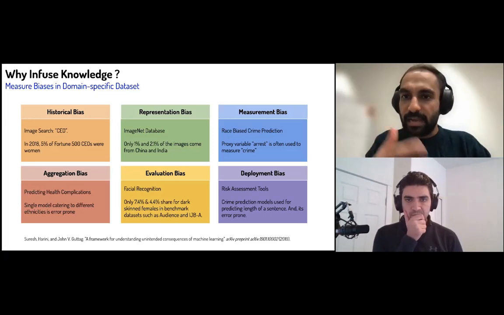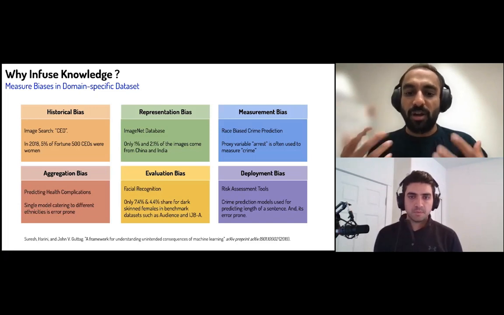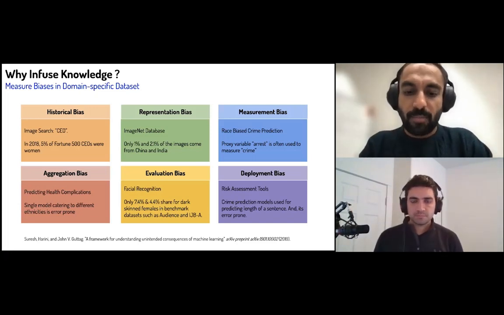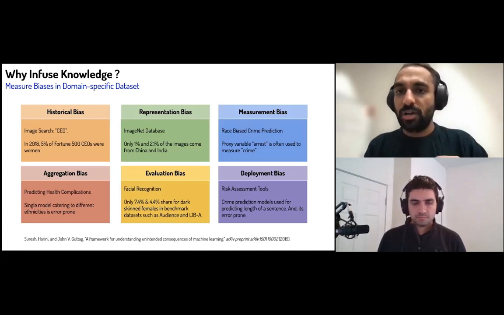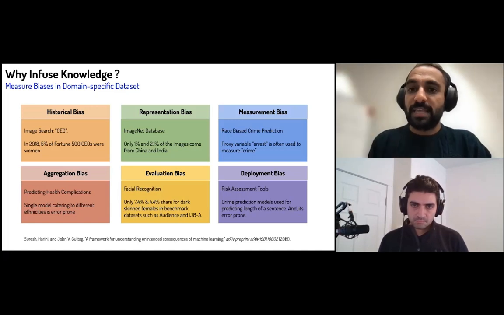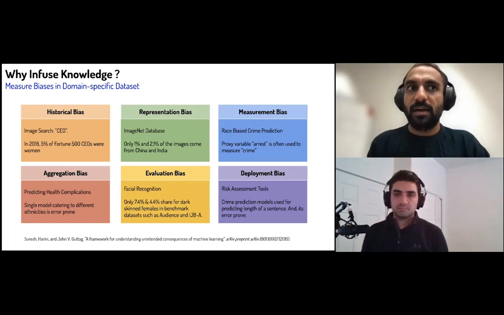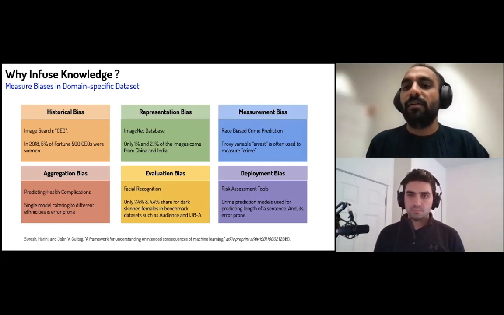Deployment bias again has a chain with representation and evaluation. Suppose you are making a model to identify whether a person has addiction or not, and you deploy the model into a context where your system is actually seeing patients who are depressed or anxious, and addiction never shows up.